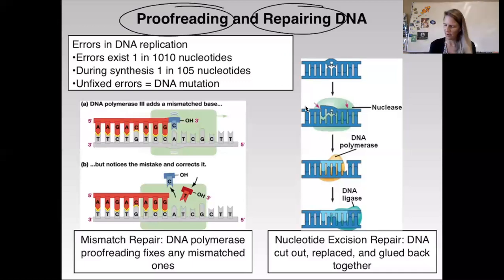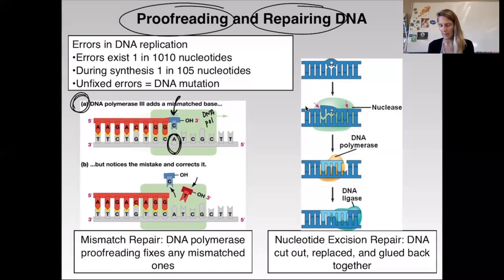So let's talk first about this one here, where we see DNA polymerase here in green, this green molecule, this is your DNA pol. All right. And it read an A on the parental strand or the template, and it accidentally put in a C, which is a major error.